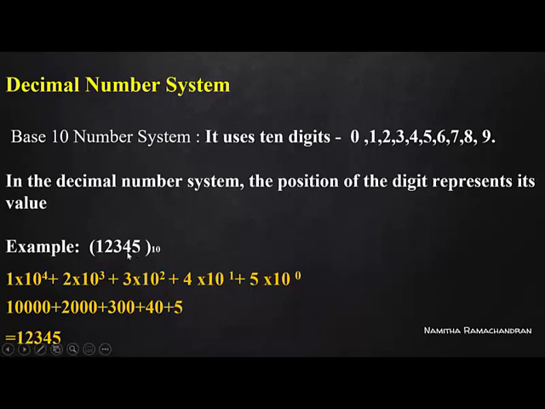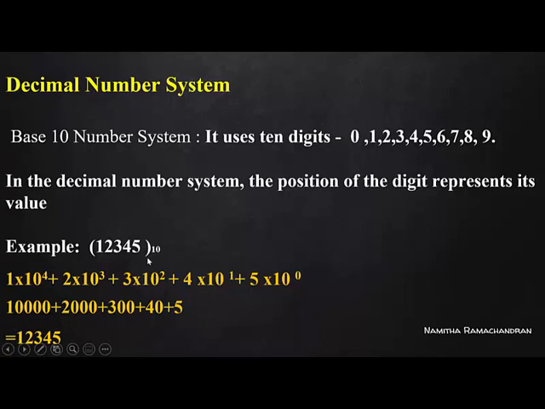This 4 is present in the 10th place, so its value is 4 into 10, 40. This 3 is present in the 100th place, so its value is 3 into 100, 300. This 2 is present in the 1000 place, so its value is 2 into 1000, 2000, and so on. After finding the positional values and adding all these values, we get the exact value of the given number.